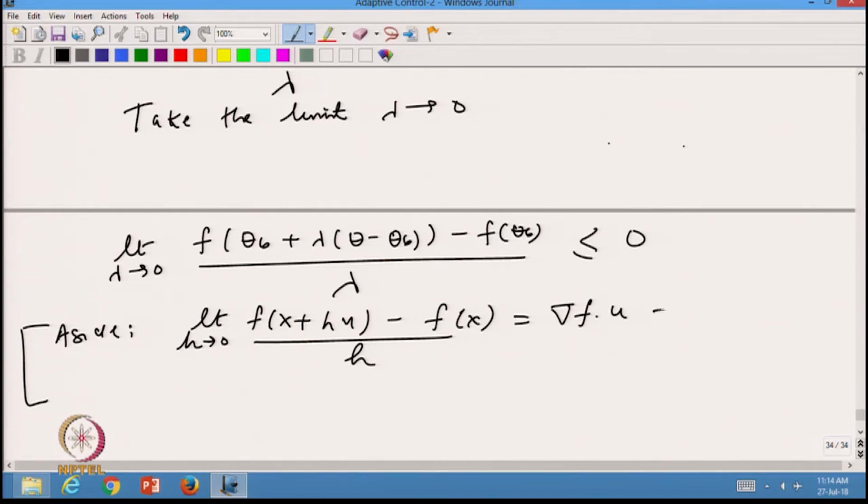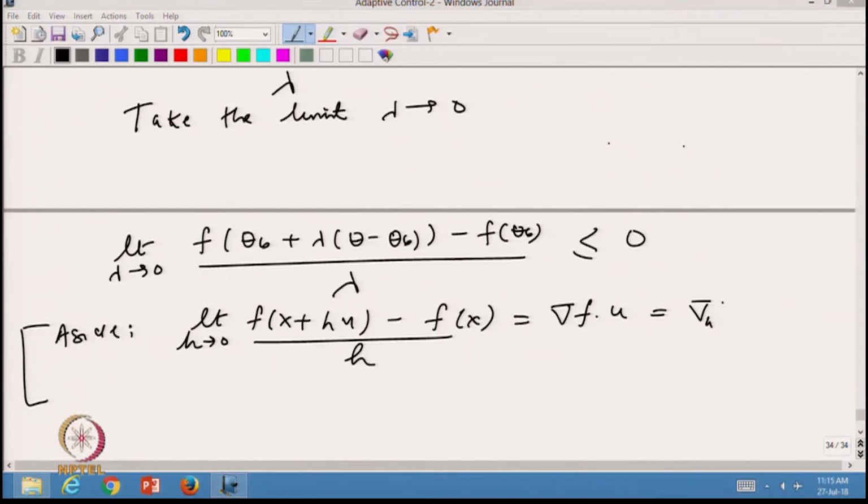It's also sometimes written as del u f, which is a directional derivative of f taken in the direction of the vector u.